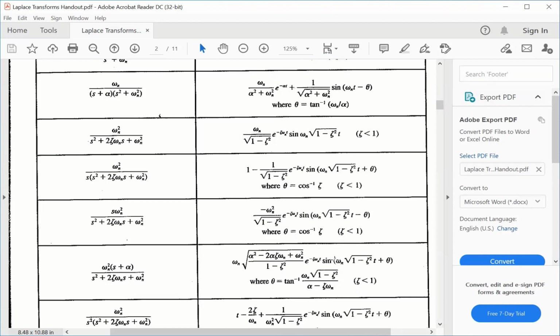And while it looks like a lot of work, you've got to admit that's faster than going through the partial fraction expansion and all that.